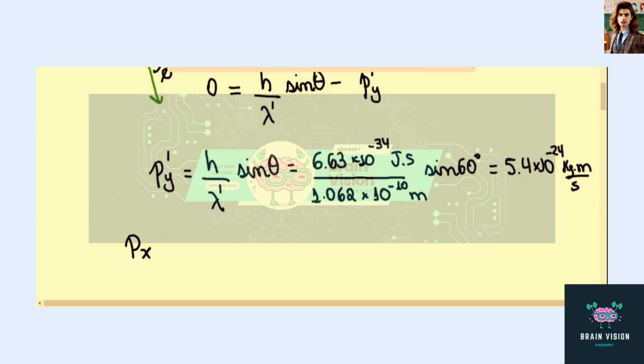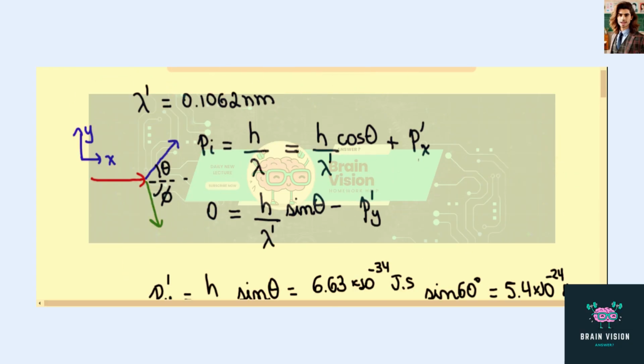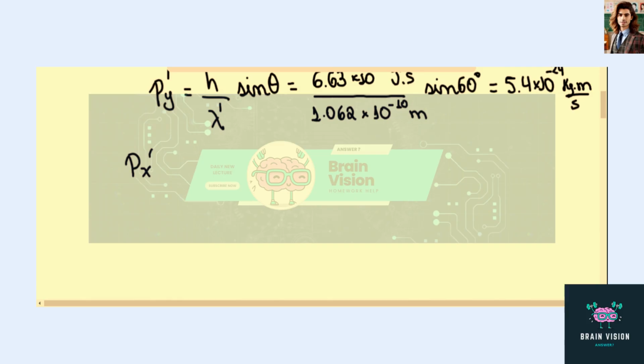And px prime, I'm going to isolate it from the first equation up here. So px prime is h times 1 over lambda minus cosine of theta divided by lambda prime.